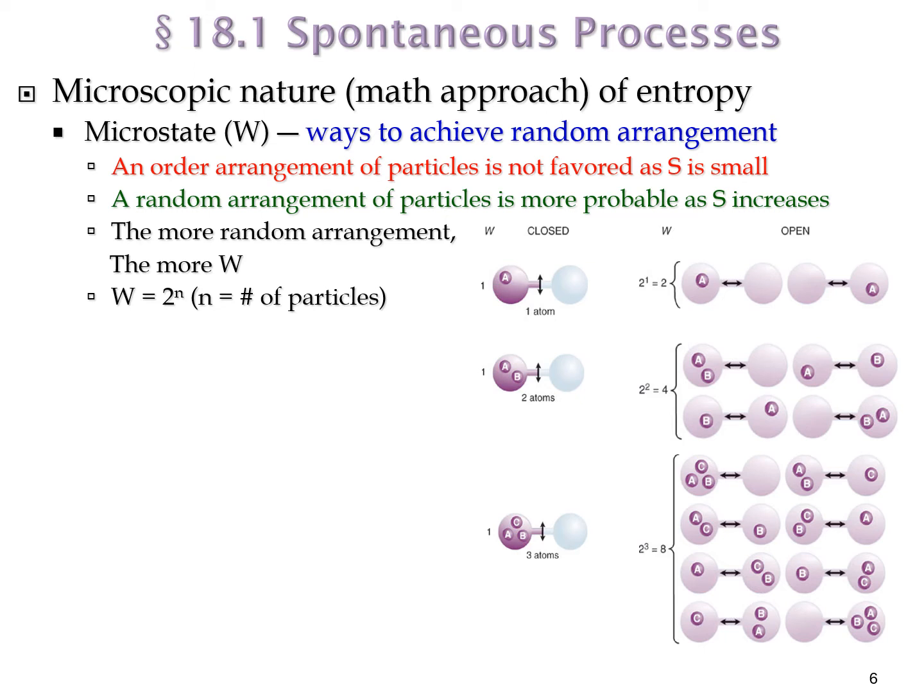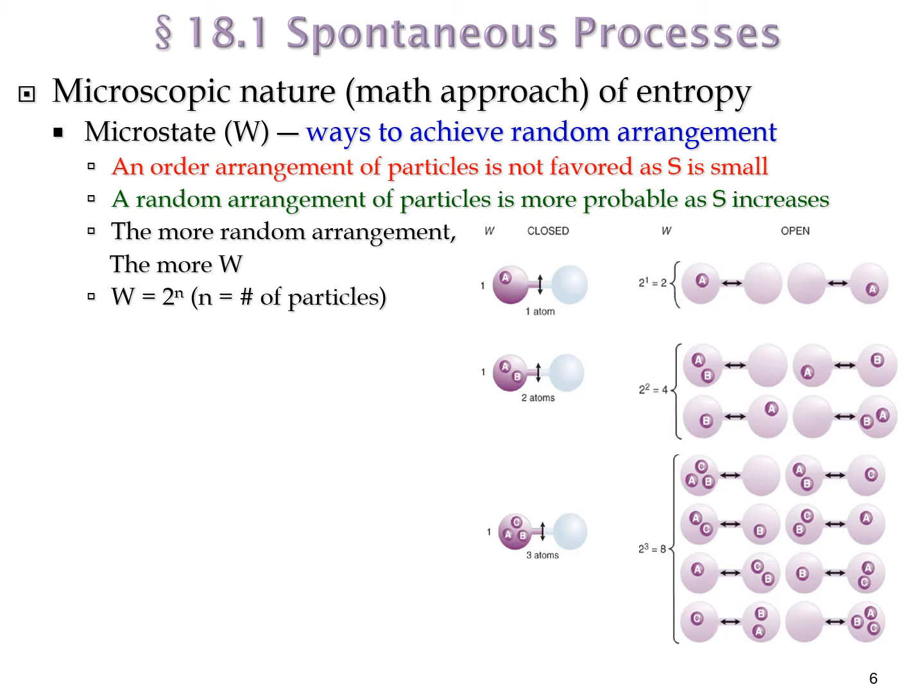Because all we want to do is to make a point. 2 to the power of n or 3 to the power of n, they both show exactly the same mathematical trend. That is good enough for physics. So that is why it's easier for us to understand with 2 flasks instead of 3. So W equals 2 raised to the power of n is good enough as a representation for the microstate.